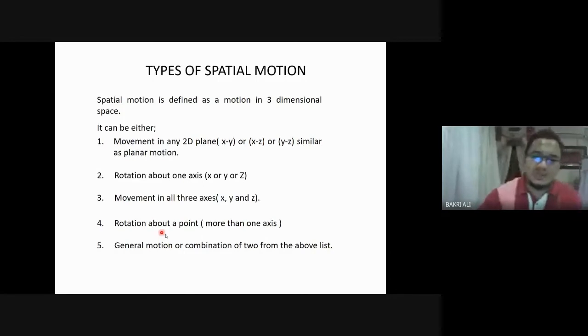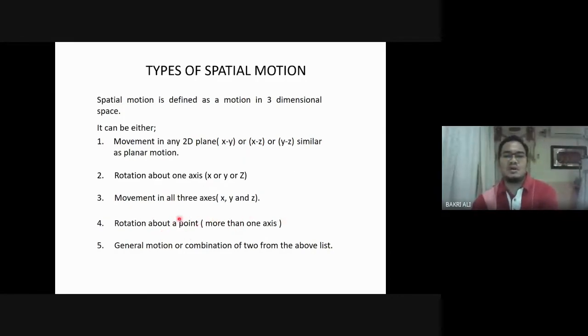Rotation about a point, meaning more than one axis, may be due to the ball joint. The top is one example that can rotate about more than one axis. And lastly, general motion, which is the combination of any two from the above, from 1 to 4.